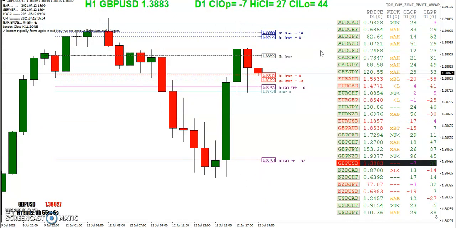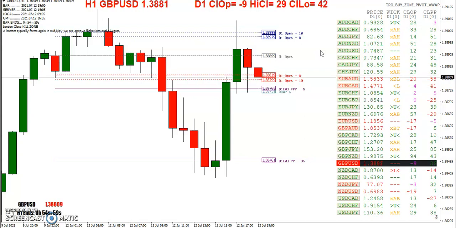What's a buy zone? And where did it come from? To me, the buy zone is the distance from the open, the daily open or weekly open or monthly open, that if price goes to this point, chances are it's going to go beyond that point based on statistics.